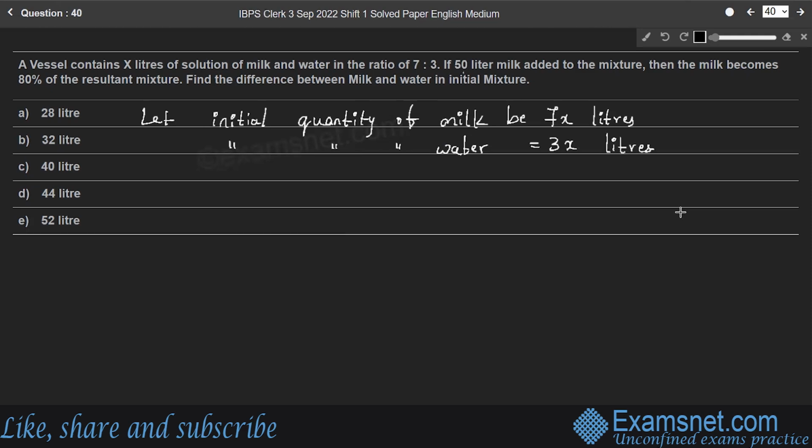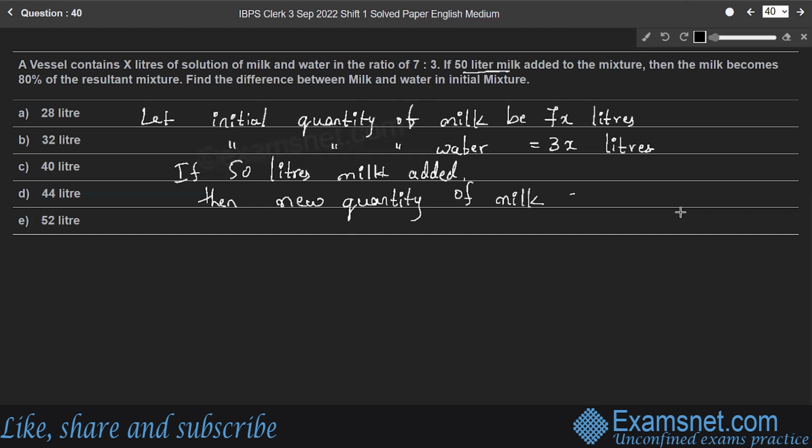So if 50 liters milk added, then new quantity of milk is equal to initial quantity, which is 7x plus 50. So this is new quantity of milk.